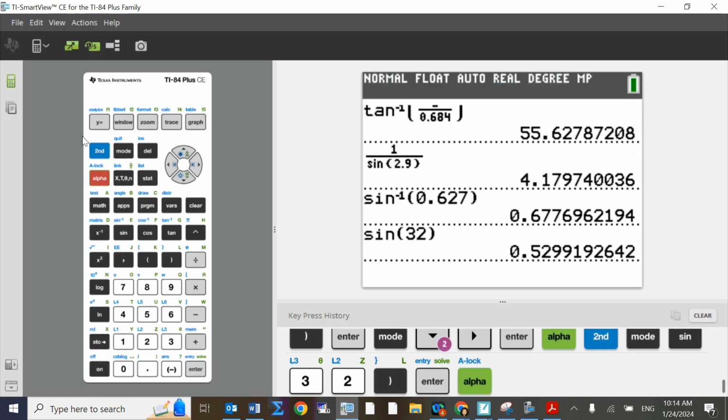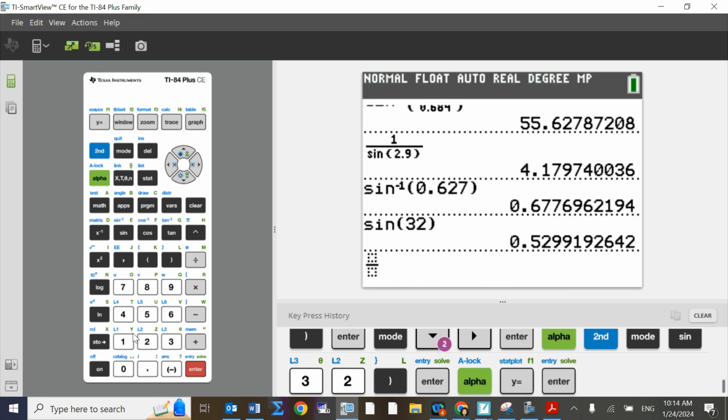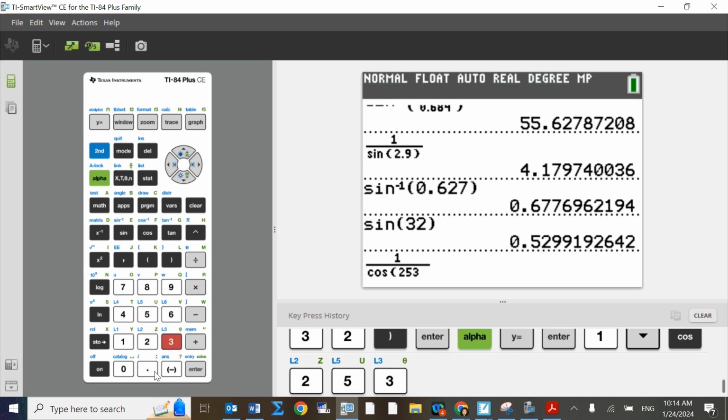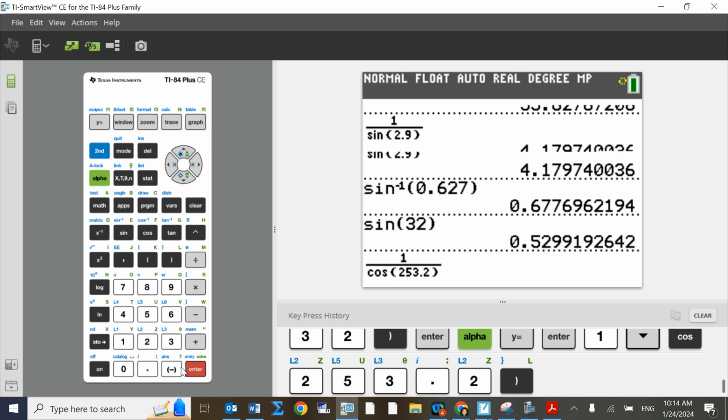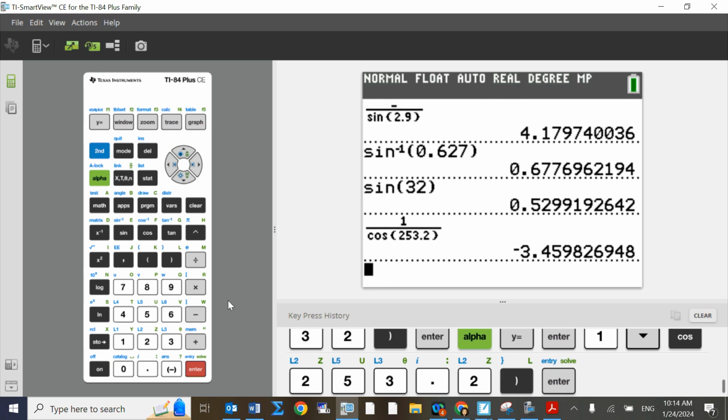So I'm going to make a fraction and write 1 over cosine of 253.2. And that's the value of the function.